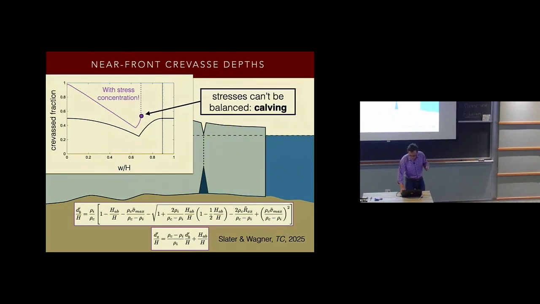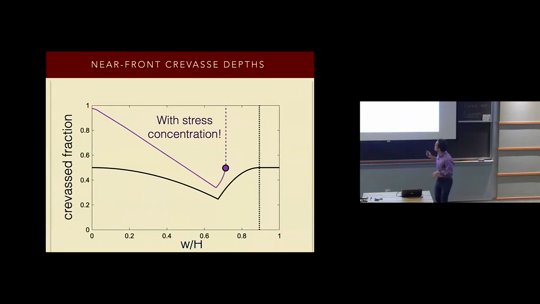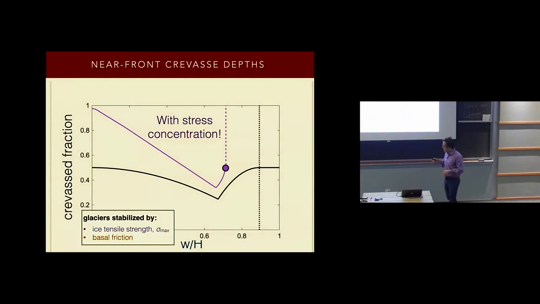The two factors that I need for this to give us relatively realistic behavior is that I need the glacier to be stabilized by that ice tensile strength, sigma max. And so this is the plot where I don't have basal friction. In this case, my glacier would always calve when I get to 0.7 water depth. I would never have something that's floating or not.